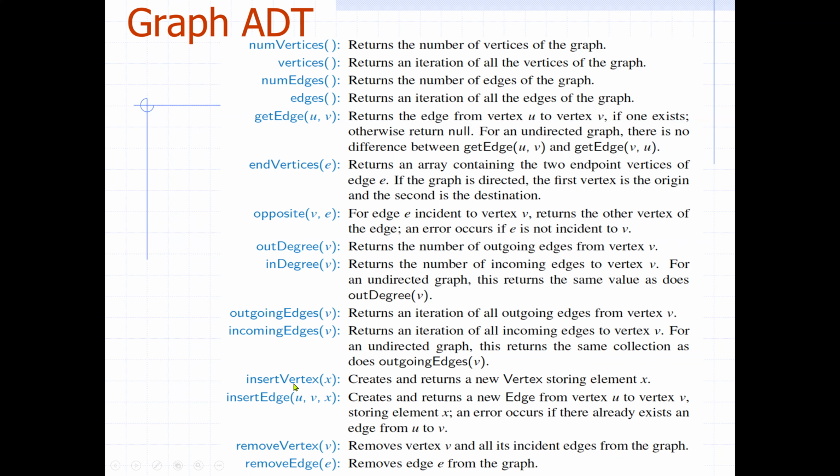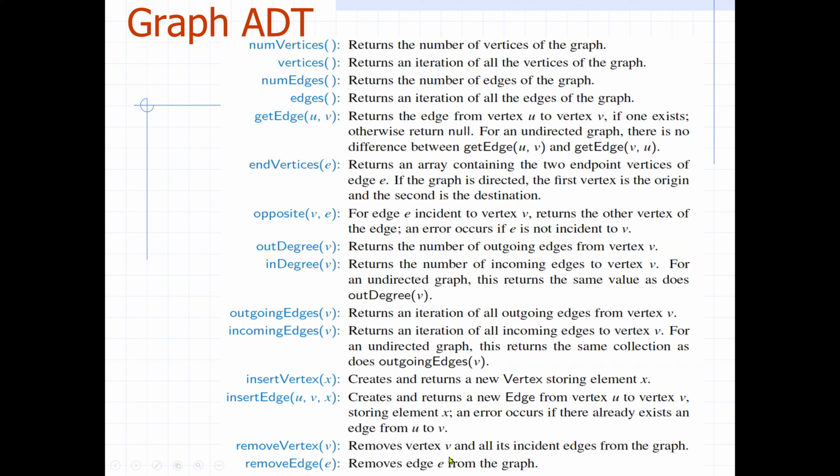Also, we have a method to insert vertex. This will create and return a new vertex storing element X. The argument is X. Or insert edge, where we are going to store an edge between U and V, and the element is X. This will create and return a new edge from vertex U to V, because U comes first before V, storing the element X. And an error occurs if there already exists an edge from U to V.